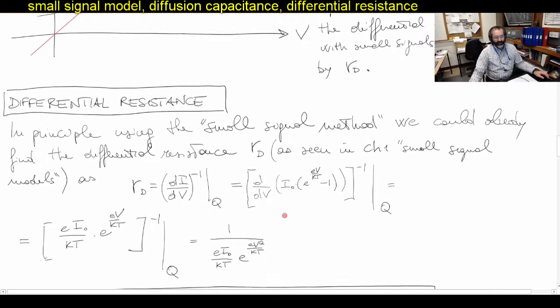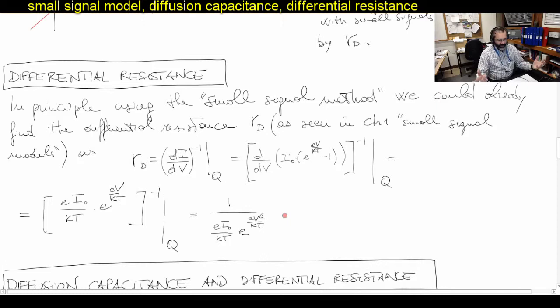Just to put it clearly in writing, which is the differential resistance for the PN junction? Using what we just said, the differential resistance Rd for the PN junction is the inverse of dI/dV calculated in a specific point Q of the curve.